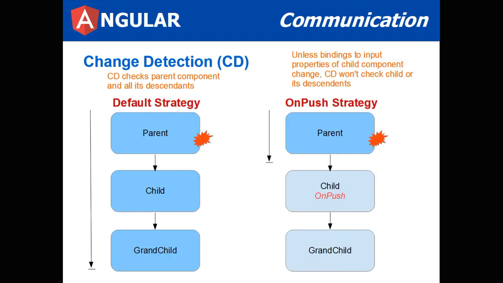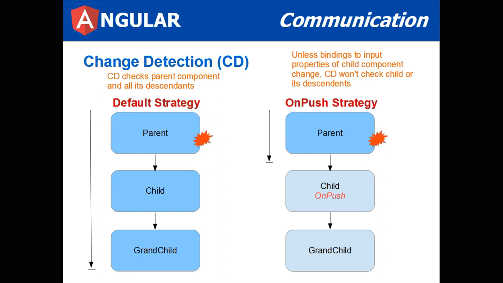Okay, so change detection checks the parent component and all its descendants. The default strategy is, even if there's a change in the parent, it goes down the tree, down the child, down the grandchild, and checks for all changes that occur and updates everything. Unless the bindings to input properties of the child component change, change detection won't check the child or its descendants.